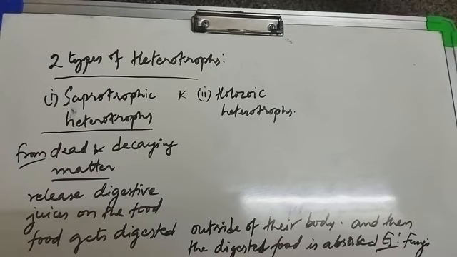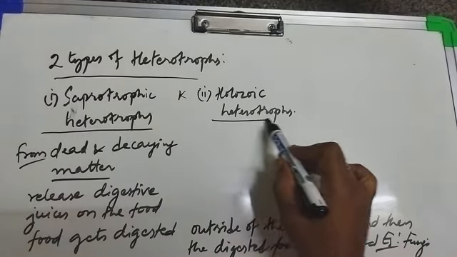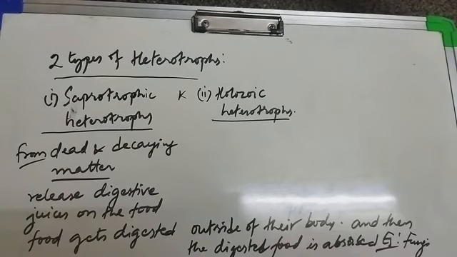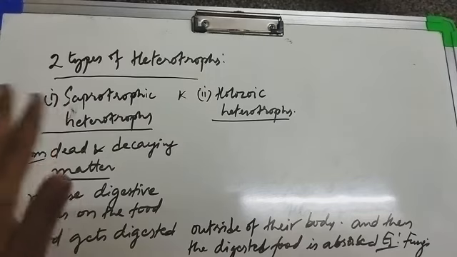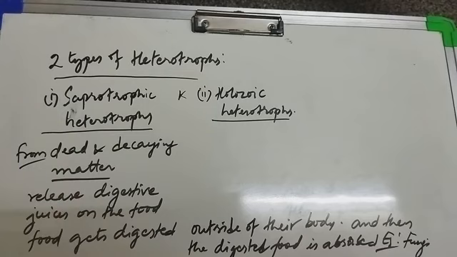Coming to holozoic heterotrophs. Holozoic heterotrophs do not derive food from dead and decaying matter. Dead means the organism that died on its own, thrown away already.